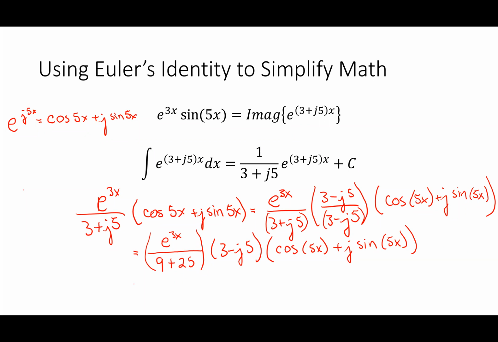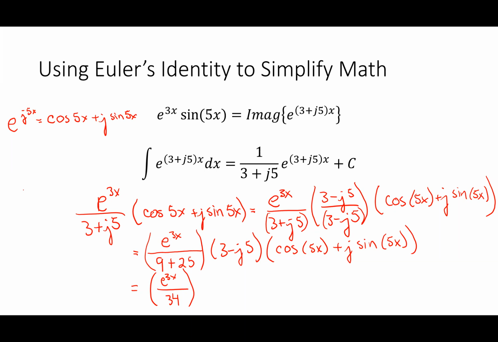So if I multiply all that stuff together, one of the things that I recognize is there's going to be e to the 3x over 34 times, let's just focus on which parts are going to be imaginary. When I multiply this out, which parts are going to be imaginary? This is a foiling process, right?